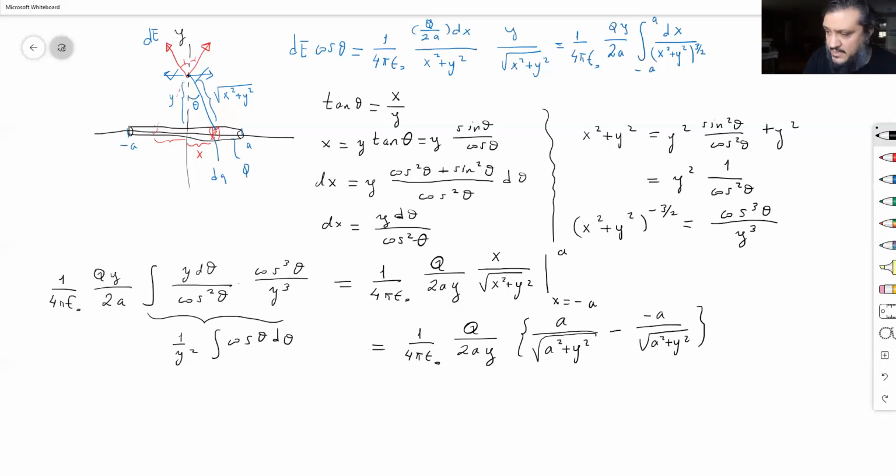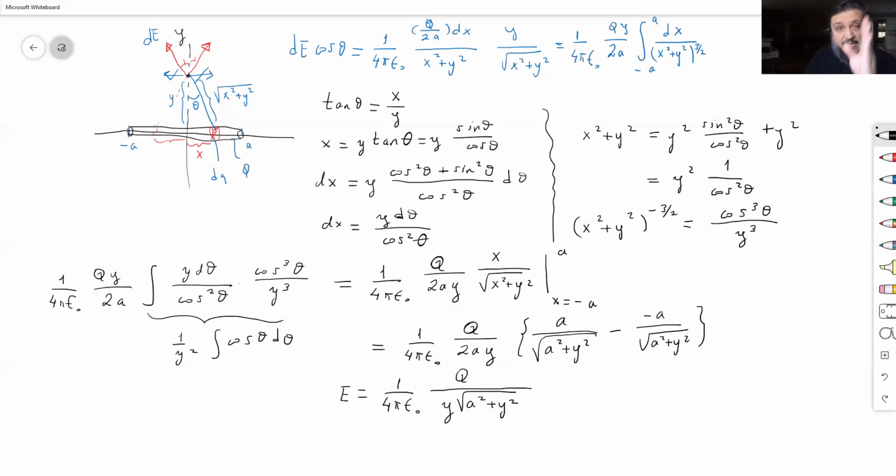They will cancel out, and the electric field will be equal to 1 over 4 pi epsilon 0 q, total charge, divided by y, and then here you have square root a squared plus y squared, all right?